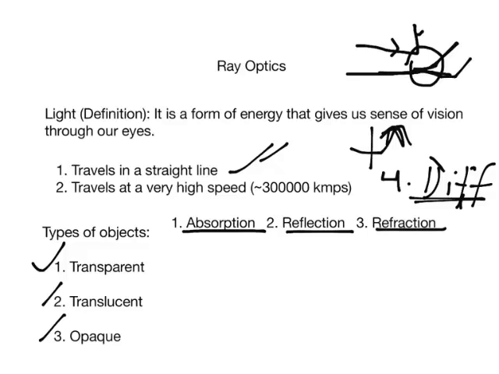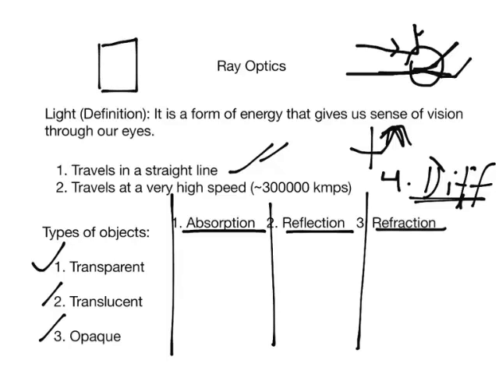So let's see how these three types of objects interact with light and what are the phenomena that they exhibit. See, transparent object. For example, we have a glass through which you can see. So the light is able to pass through it.